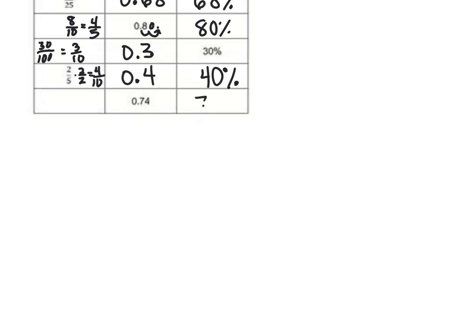I got 74%. I know that this is called 74 hundredths, so I wrote it as 74 hundredths. And when I simplified, I got 37 out of 50. And all I did was cut both of those numbers in half because they are both even numbers.